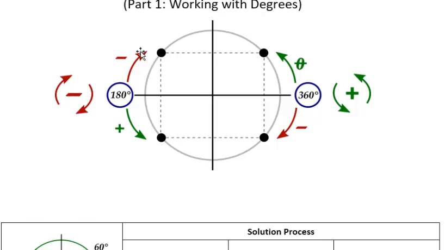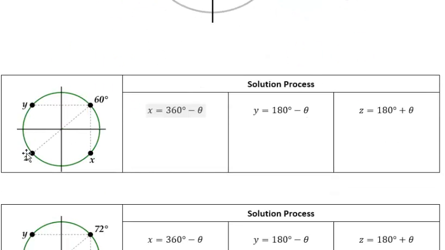And if I'm trying to find Z, then it will be 180 plus theta, which is this angle. So that's how you get each one of these formulas. For X, it will be 360, which is this position, minus theta. For Y it will be 180 minus theta, and for Z it will be 180 plus theta. That's how you find the actual measure of each angle.